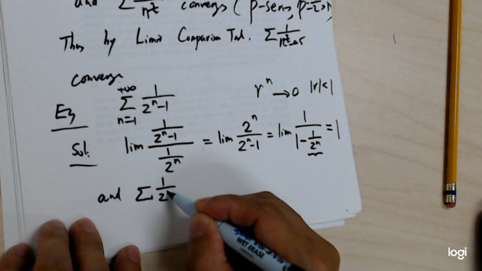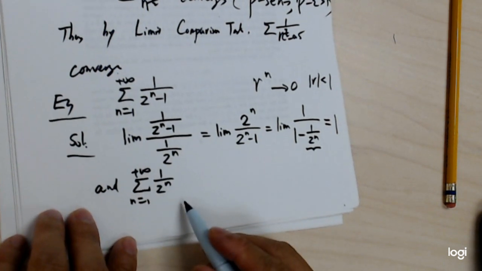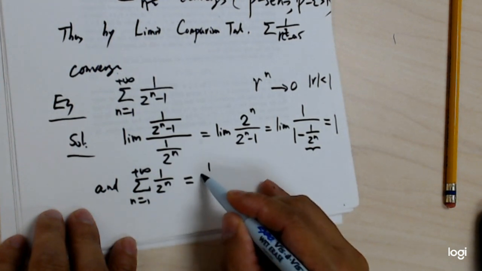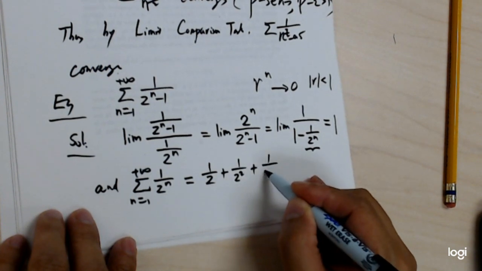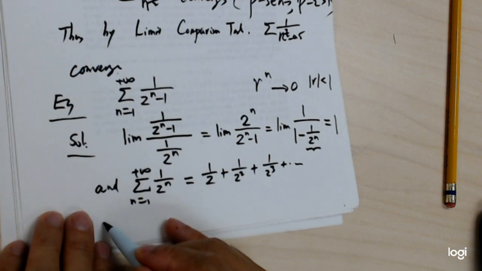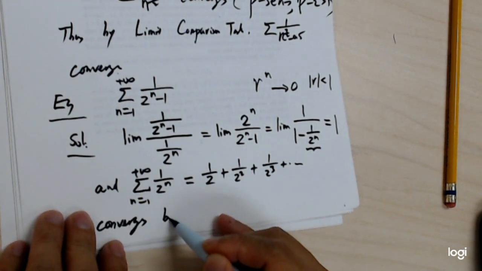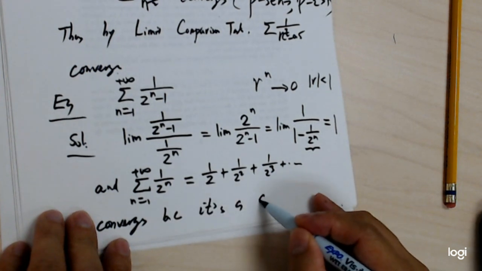And what do we know about this series? What kind of series is this? Some of you can spot what kind of series this is. For those who can't, plug in a equal to 1, a equal to 2, a equal to 3. So I can say this guy converges because it's a geometric series.